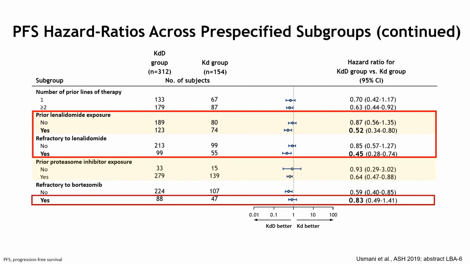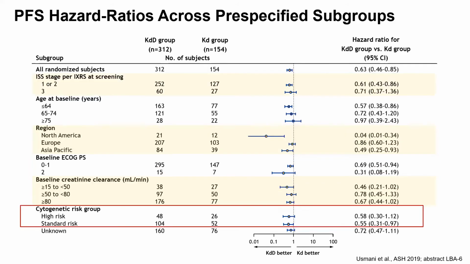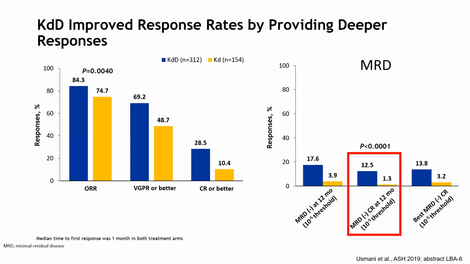This is just the hazard ratio across specified subgroups. Next, please. And this is again pointing to the cytogenetic risk group, in which the KDD patients did better than the KD group. Next one, please. And here are the response rates.